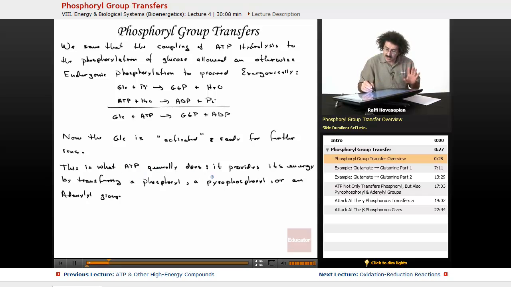This is what ATP generally does. It provides its energy by transferring either a phosphoryl, like in this case, a pyrophosphoryl, or an adenylyl group to a substrate molecule.